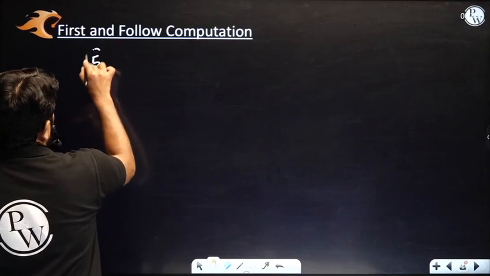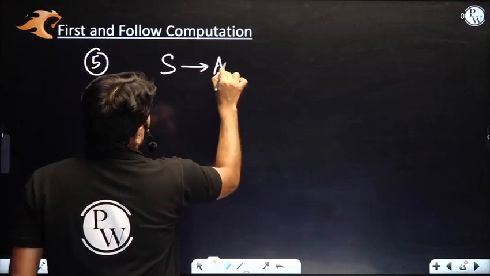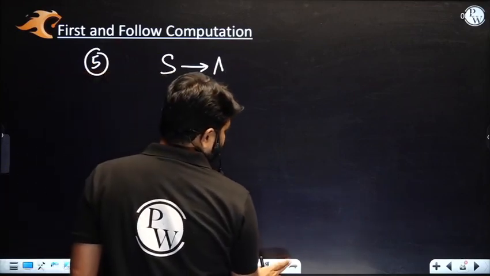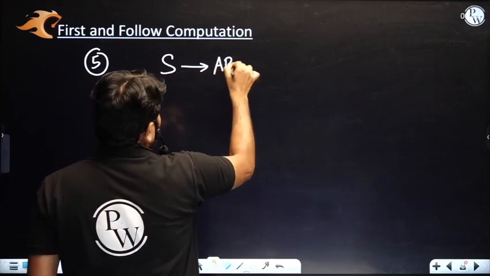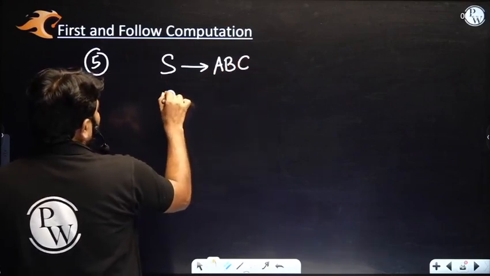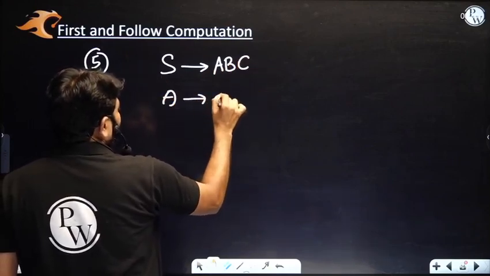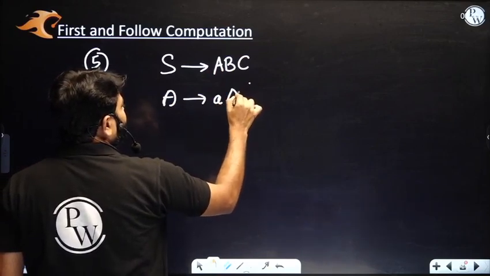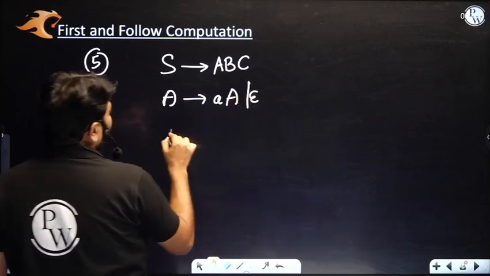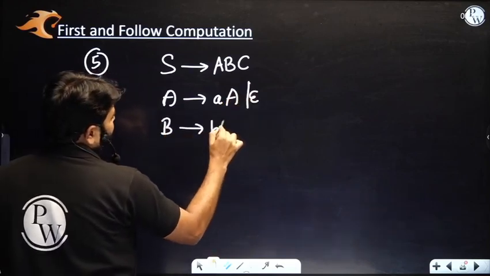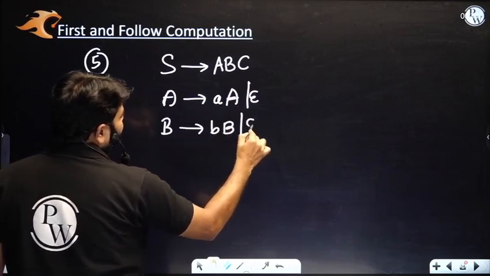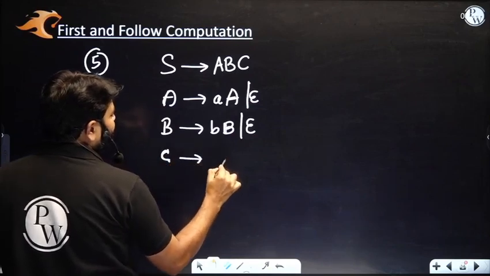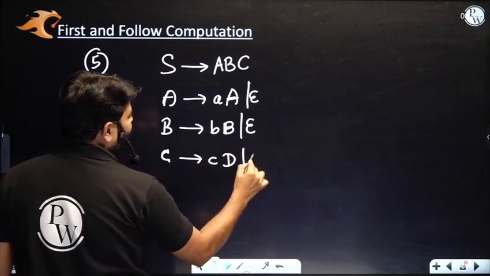Fifth example. Suppose you have S derives A, B, C; A derives AA or epsilon; B derives BB or epsilon; C derives CD or epsilon.